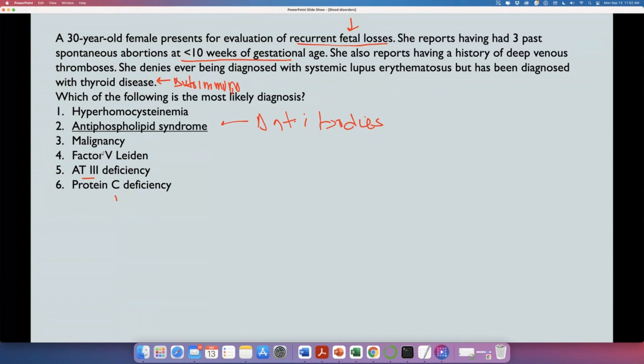That will take the students away from the correct answer, because in our mind we associate lupus with antiphospholipid syndrome, and that is a great and very heavy distractor that may guide us into choosing factor V Leiden mutation. But notice that the thyroid disease plus the importance that they give to the abortions is what makes us choose antiphospholipid syndrome.